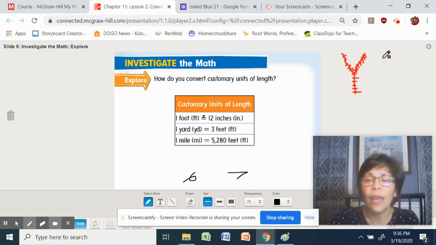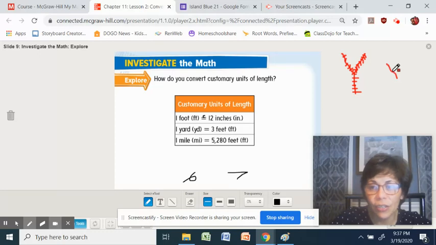Okay. So now let's jump into our lesson about how to convert. The most important operation when you convert is multiplication. If I give you an example, that's why 1 foot is 12 inches, because 1 times 12 is equivalent to 12.